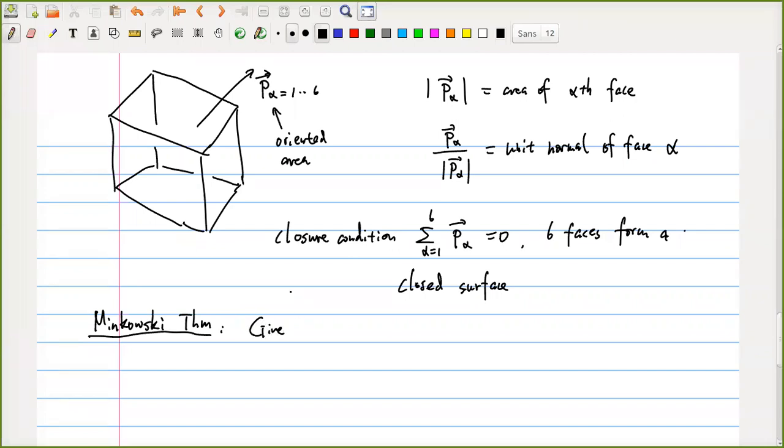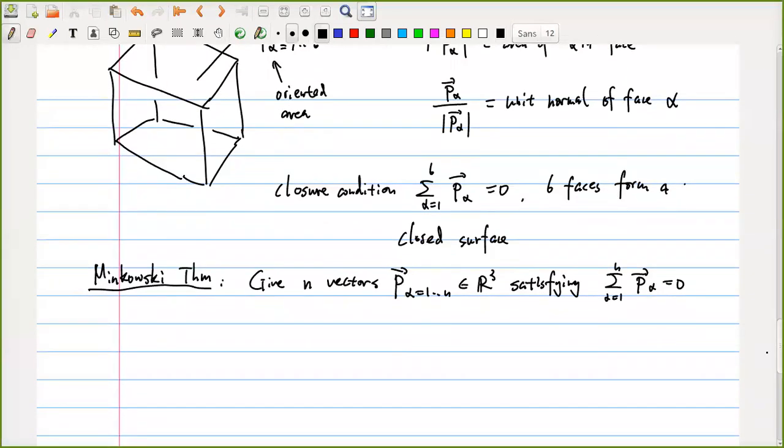So the theorem states that given n 3-dimensional vectors p alpha from 1 to n, where p alpha belongs to R3, satisfying the closure condition, the sum over alpha from 1 to n of p alpha equals 0, then there exists a unique polyhedron.